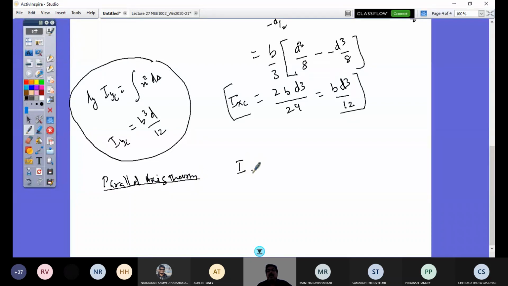If I have to find out Ix at any of the given x-axis which is parallel to the centroidal axis, that would be same as Ixg plus area into dy square, d subscript y square. So what is dy? It is the parallel distance between two horizontal lines. So this is the formula. We can have a simple proof for this.